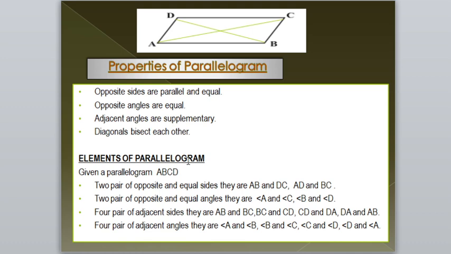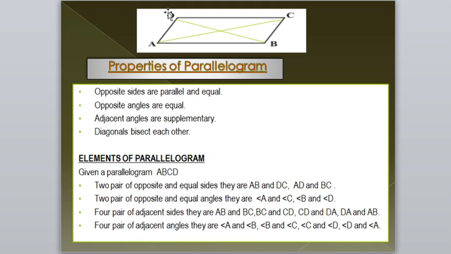Then what are the elements of a parallelogram? The elements of a parallelogram are 4. Here a figure is given for parallelogram ABCD. The first element is two pairs of opposite and equal sides. Here in a parallelogram two pairs of opposite and equal sides are present.